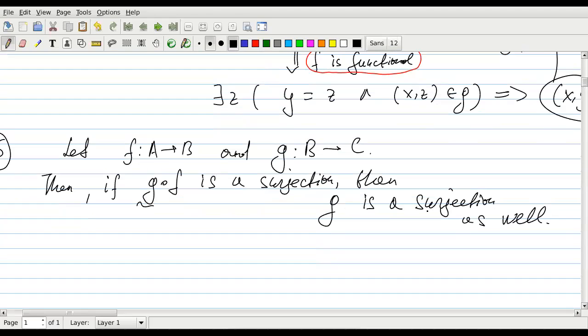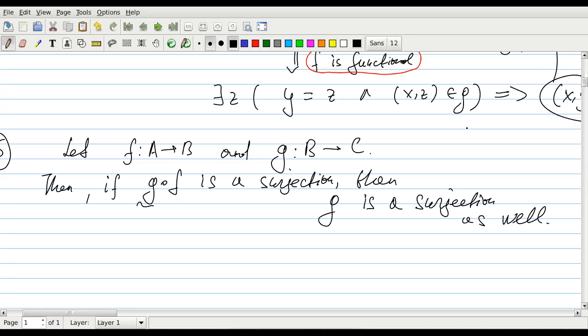So, by the way, what is a surjection? A surjection is both injection and... No, what you're saying is bijection. Well, a surjection is when for every element of the range there exists an element x from the domain.